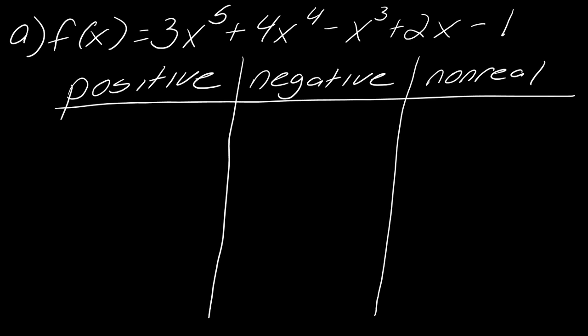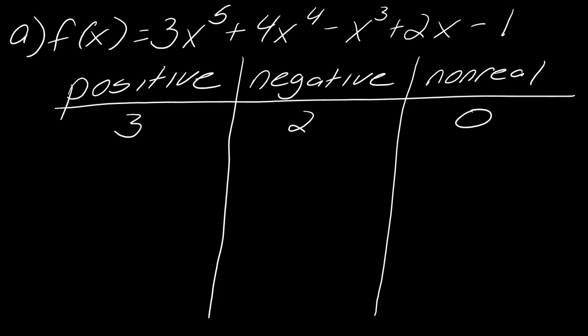The thing to remember is that this is all about possibilities. When we first calculated this, it was 3 and 2. So 3 and 2 would be all the zeros if this were the case, so there would be 0 non-real.